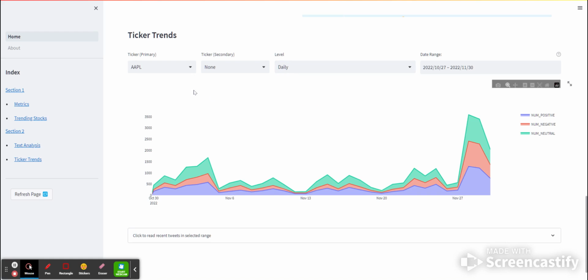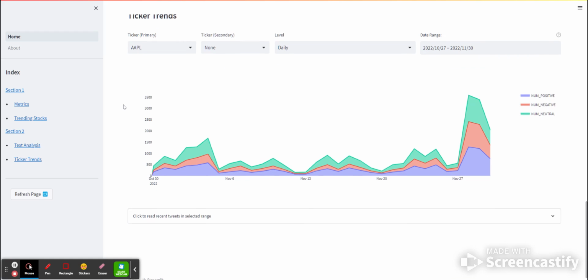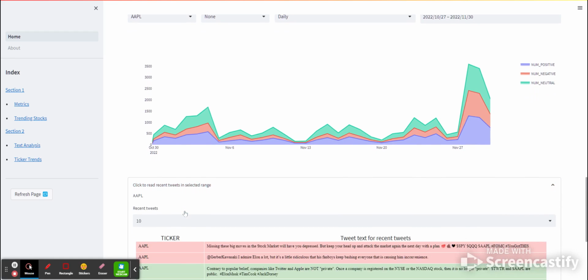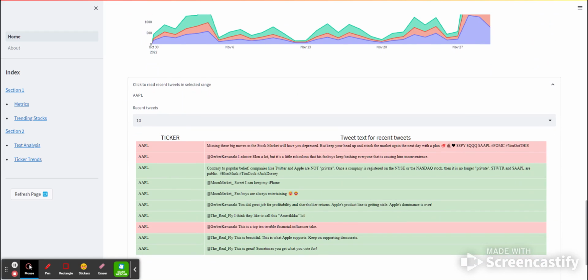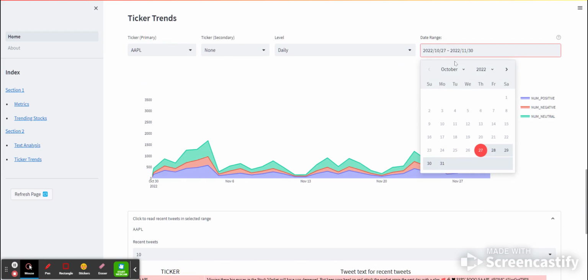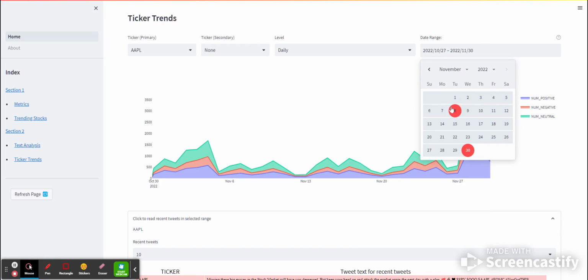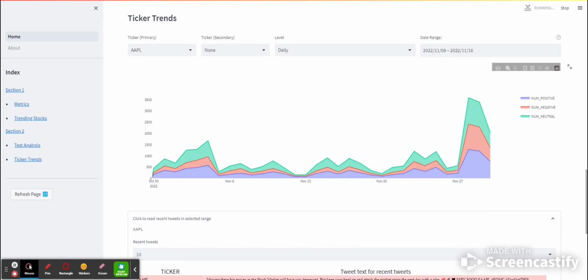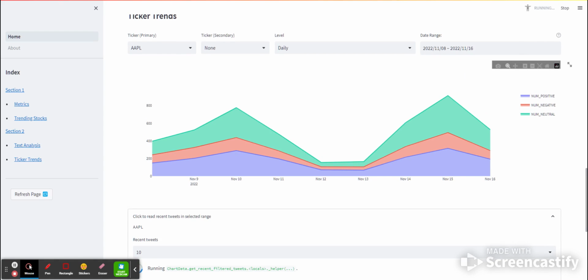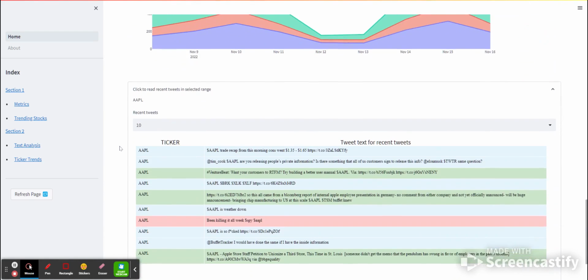If we are interested, we can look at the recent tweets for Apple in this time range by expanding this section. As I expand this section, I get the 10 most recent tweets for Apple in this time range. We can select a different time range, say from 8th up to 16th, and now we only see the trend for that time period.